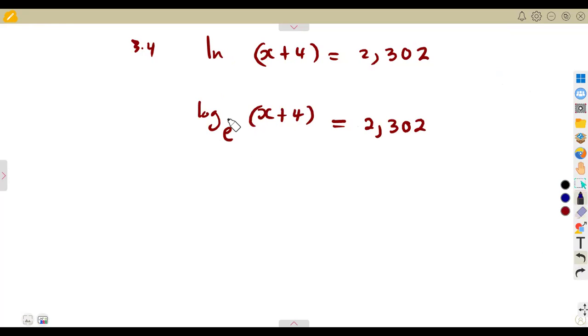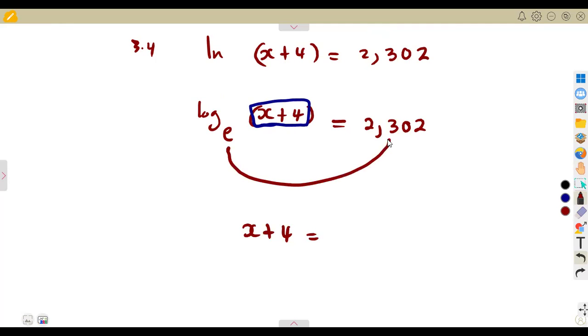Remember how you remove a log, like what we did on the previous part. This here, x plus 4, must be equal to what? The base, always the base to the exponent of the answer. So it's e to the exponent of the answer, 2,302, just like that. So meaning to say I can calculate x.